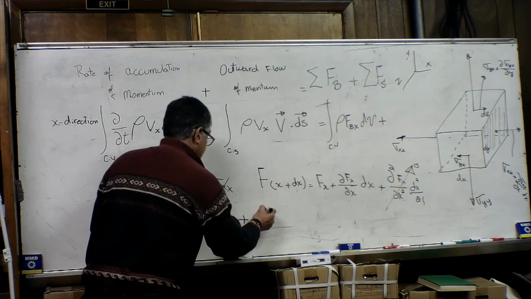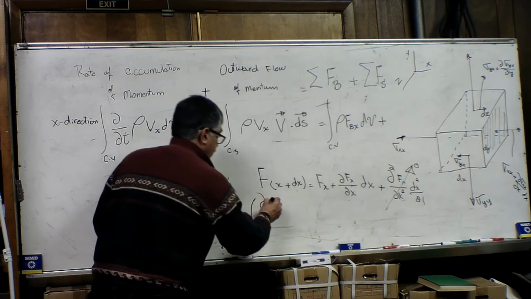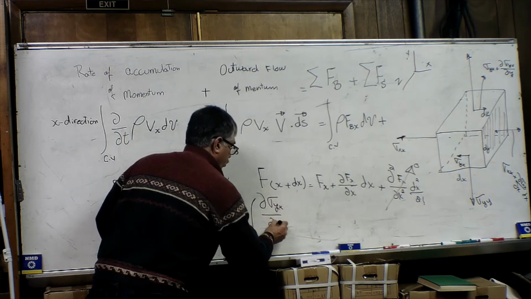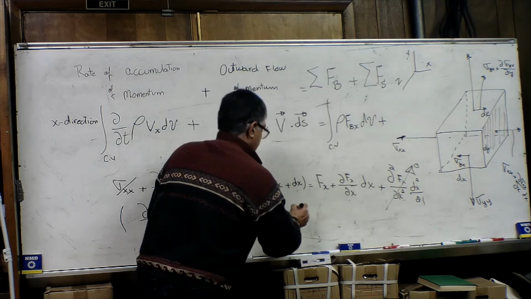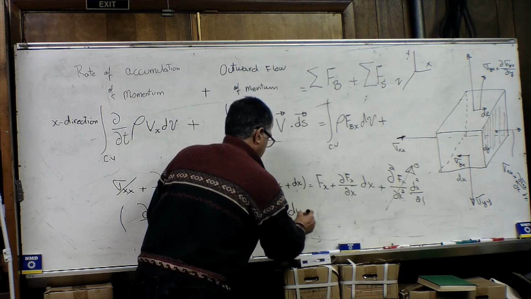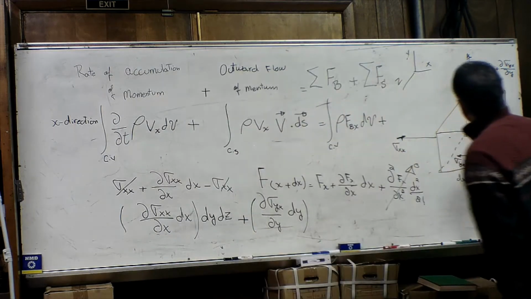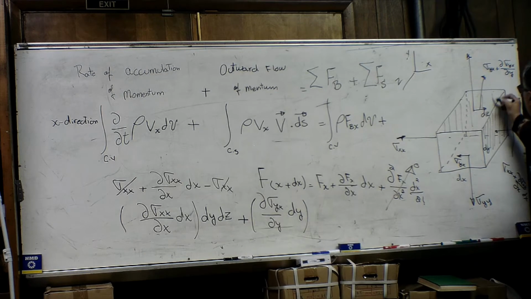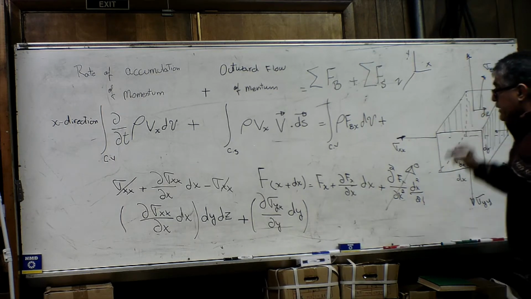We can write this as the partial derivative of sigma yx with respect to y multiplied by dy, multiplied by this area this time, which is dx multiplied by dz.